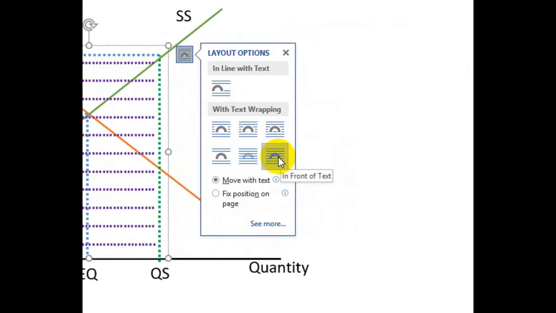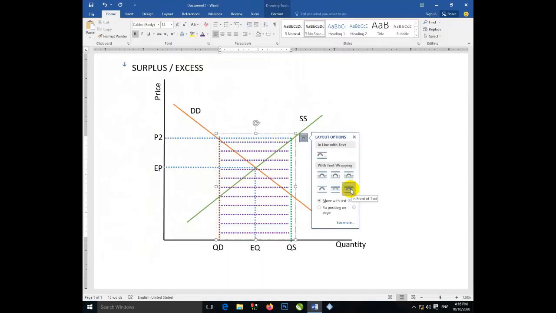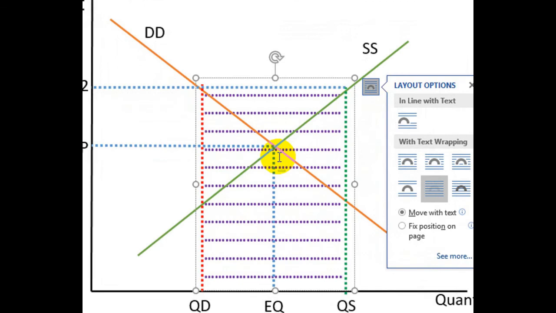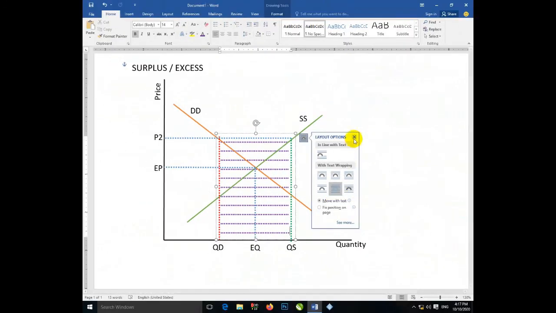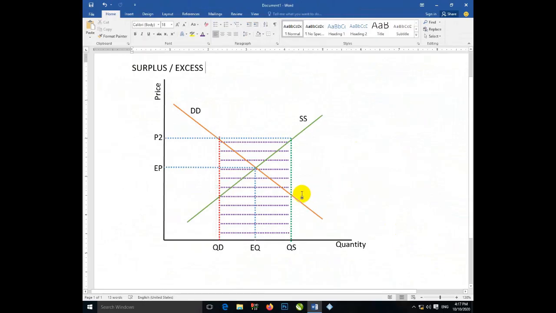You can take notes. In front of text, I want it to go behind those lines that I drew. So if you notice, it's behind those lines. All right, so this is the first method by which you can do the shading.